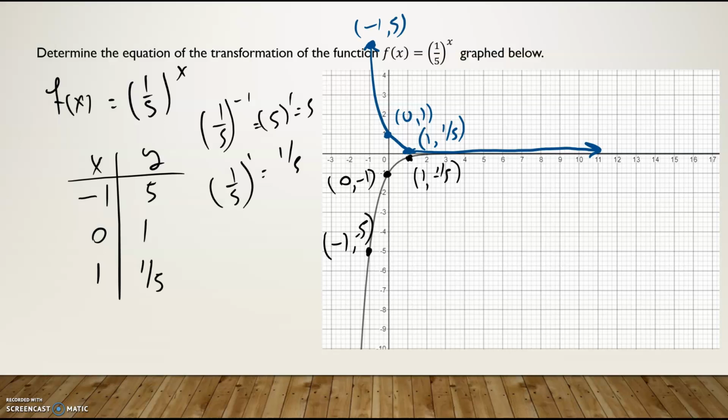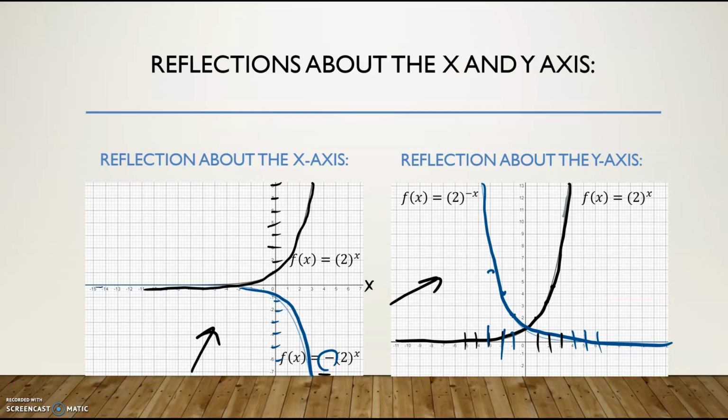So what has changed is all of our y values. It looks like we have flipped over the x-axis, which means we need to put a negative in front of the entire function.